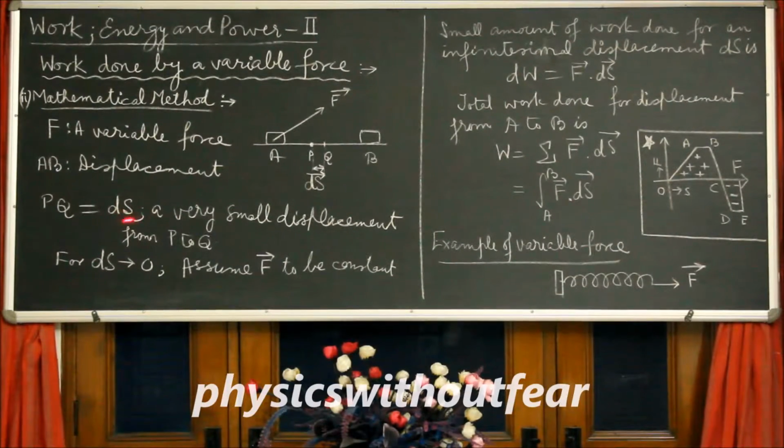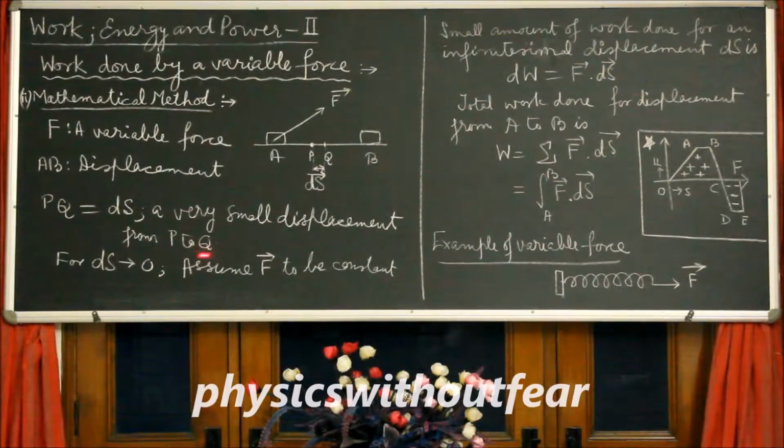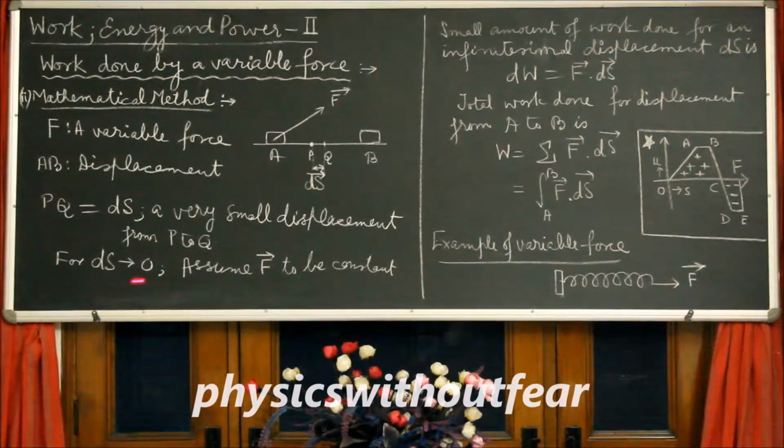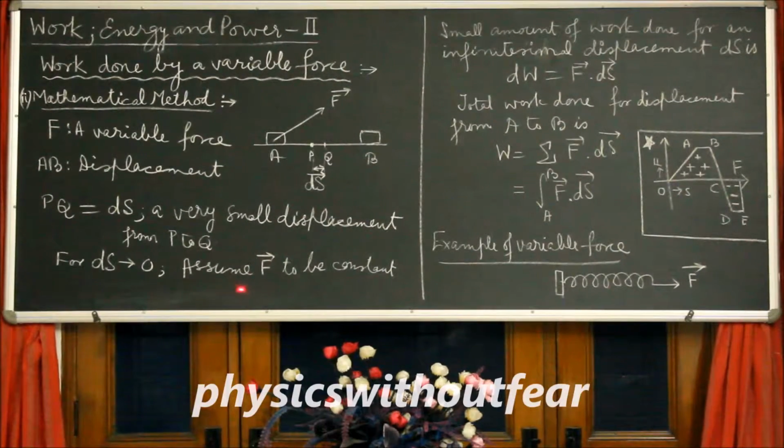Take PQ as ds, a very small displacement from P to Q. As ds approaches 0, the force may be taken as constant, because a very small displacement means very small variation in the force. Therefore, the force can be assumed to be constant.